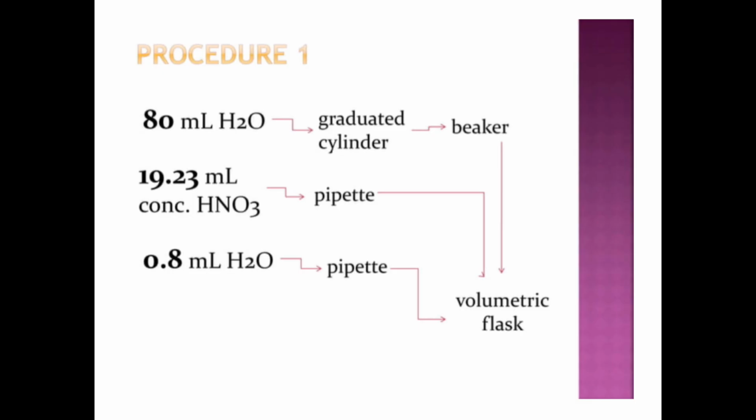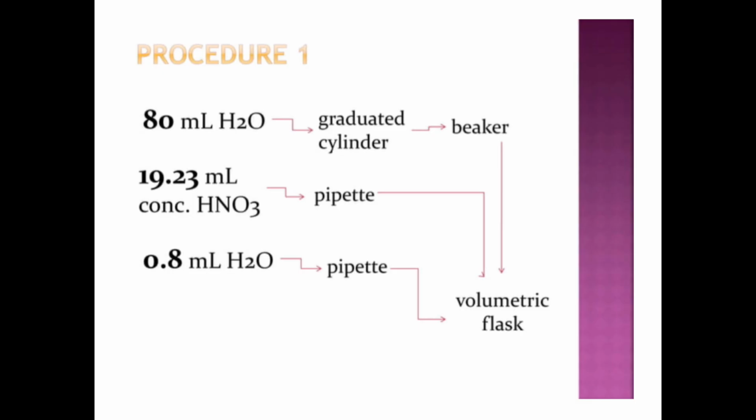Then you measure 90.23 ml of conc HNO3 using a pipette. You pipette it into the volumetric flask, and then you are still left with 0.8 ml of water.